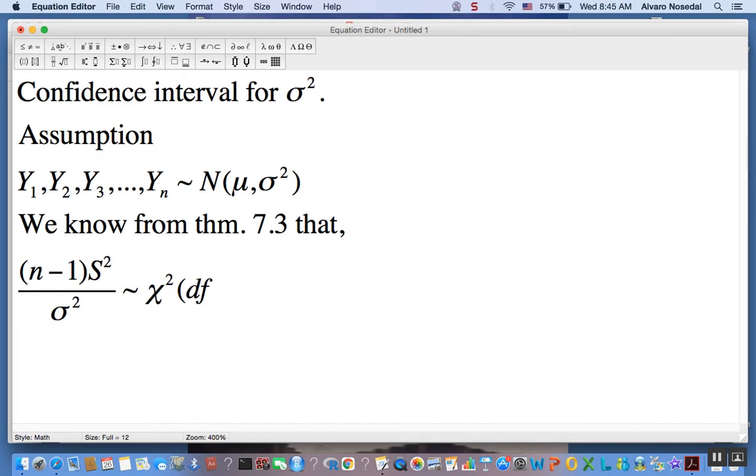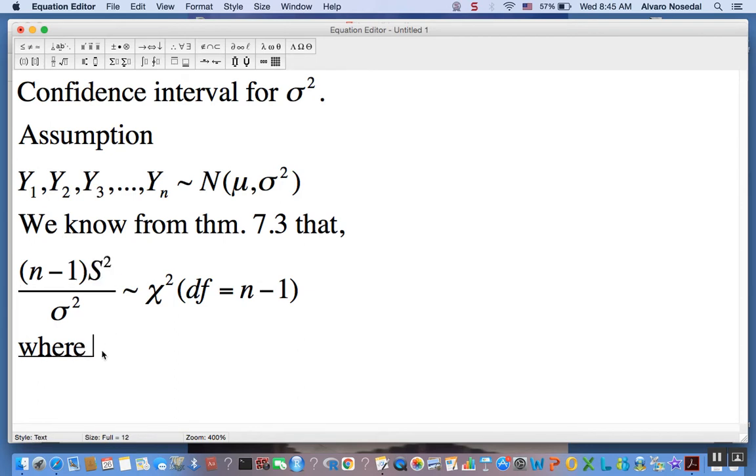Right? Okay. So, just for fun, well, not just for fun, but maybe I should remind you about the formula of s squared, right?